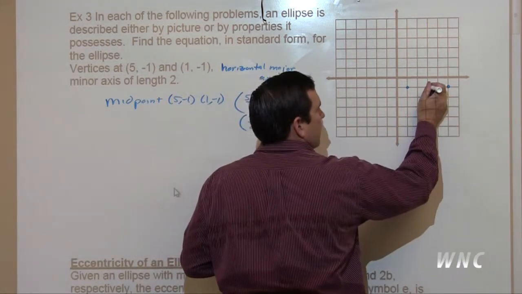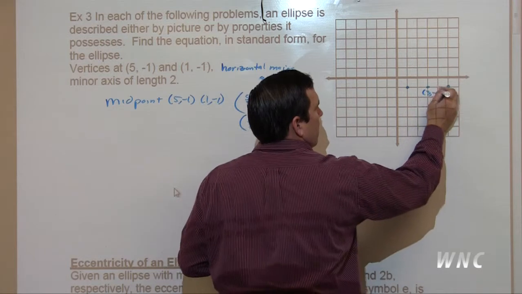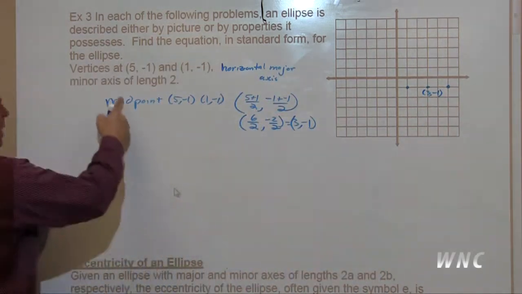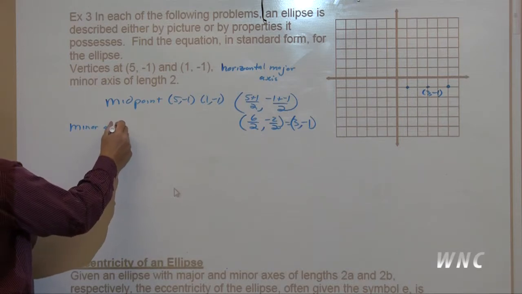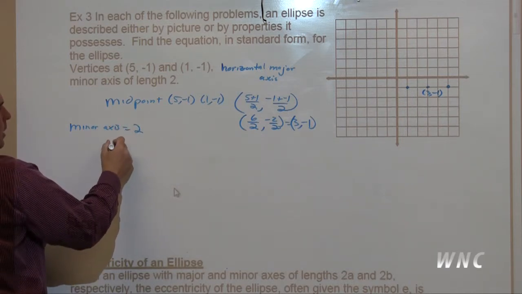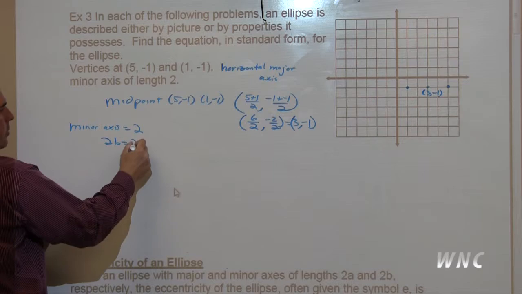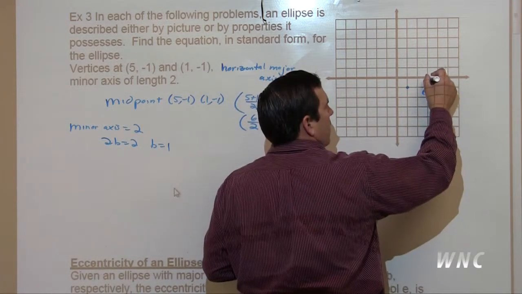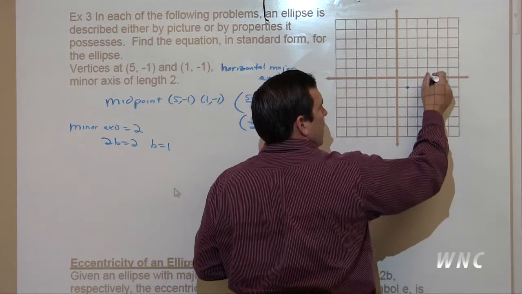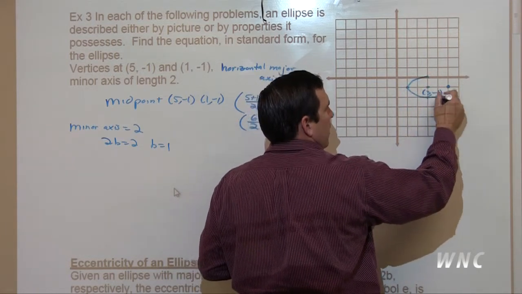That's our center. Our minor axis is equal to 2, and that's 2b equal to 2, so b must be 1. So we're going to go up 1, down 1. So that's what our ellipse would look like.